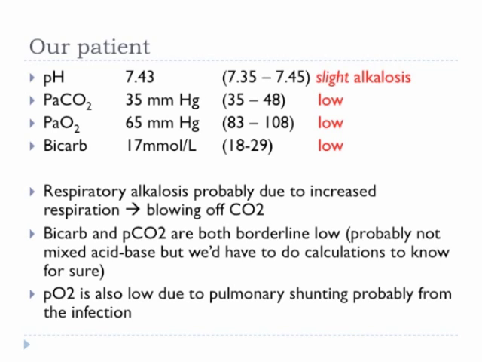His CO2 is borderline low, 35, and his bicarb is 17, so that's low as well, just borderline. So CO2 and bicarb are going in the same direction, so I'm assuming that it's not a mixed acidosis, alkalosis of any sort. And it's probably respiratory alkalosis since his respiration rate was 22, he's probably blowing off the CO2, and that's why he's alkalotic.